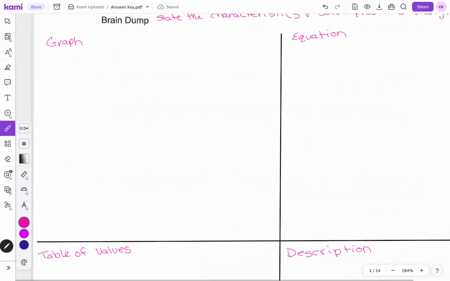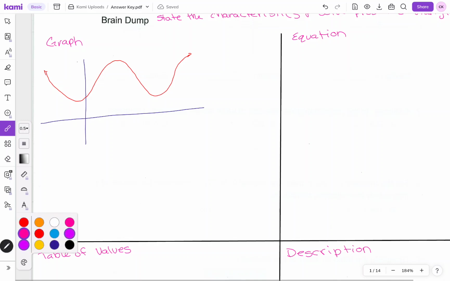Alright, so our graphs. We're just going to doodle a quick graph here. Remember, they're always a nice smooth wave. So what information can we get from this graph?